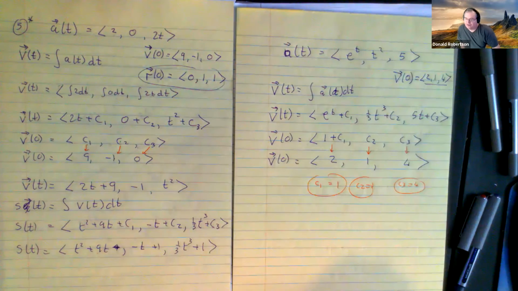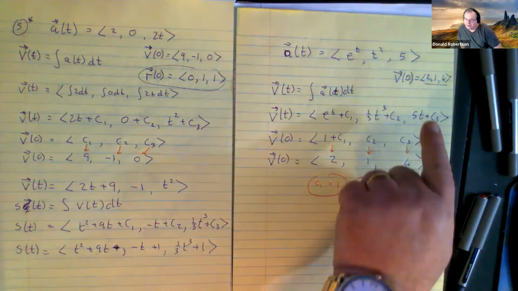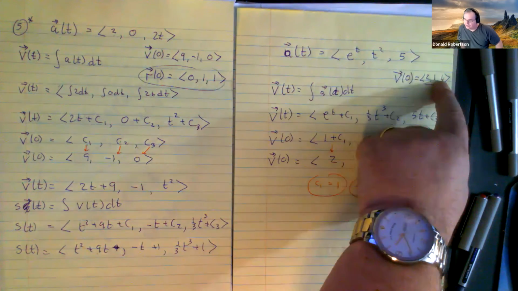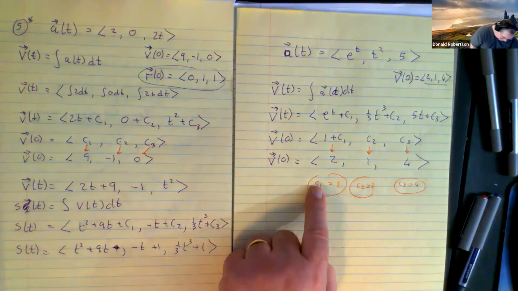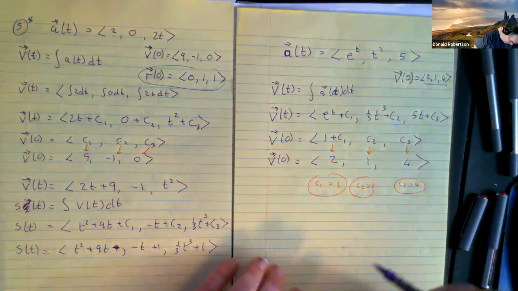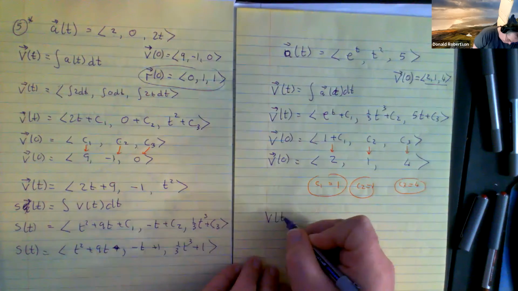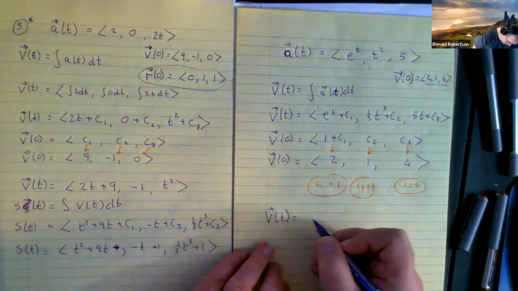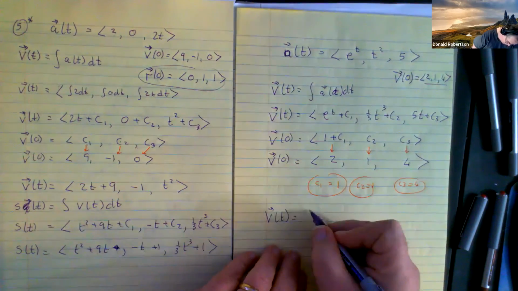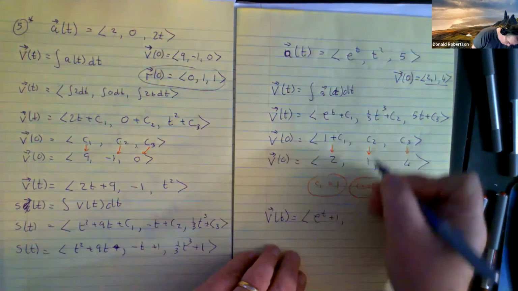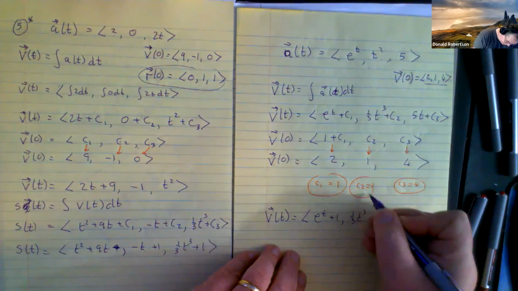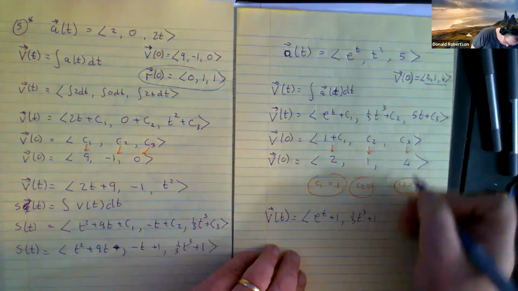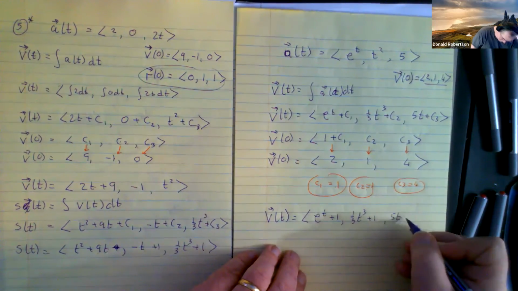You don't just say C1, C2, C3 and not think about it. Sometimes you have to work on it, right? It's not always going to be the guy you think it is. Now you put that together then. The completed velocity function is e to the t plus 1, 1/3 t cubed plus 1, and 5t plus 4.